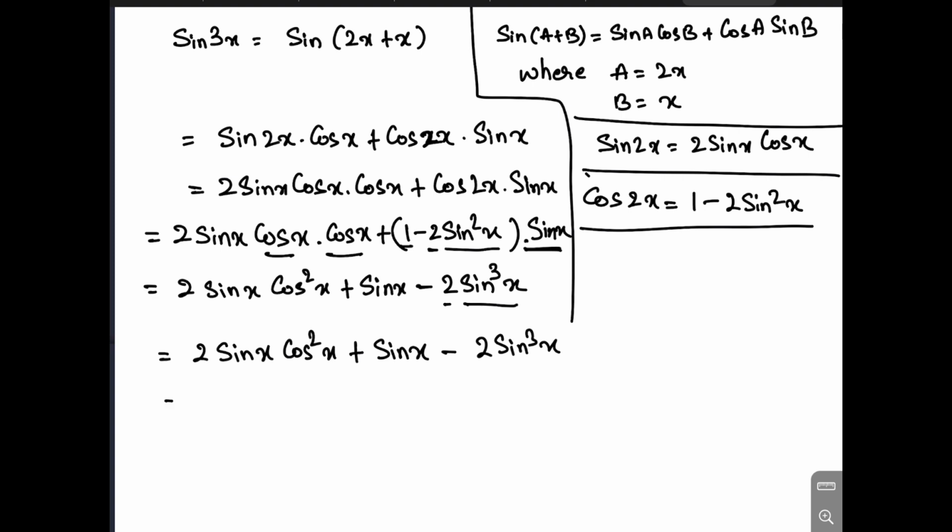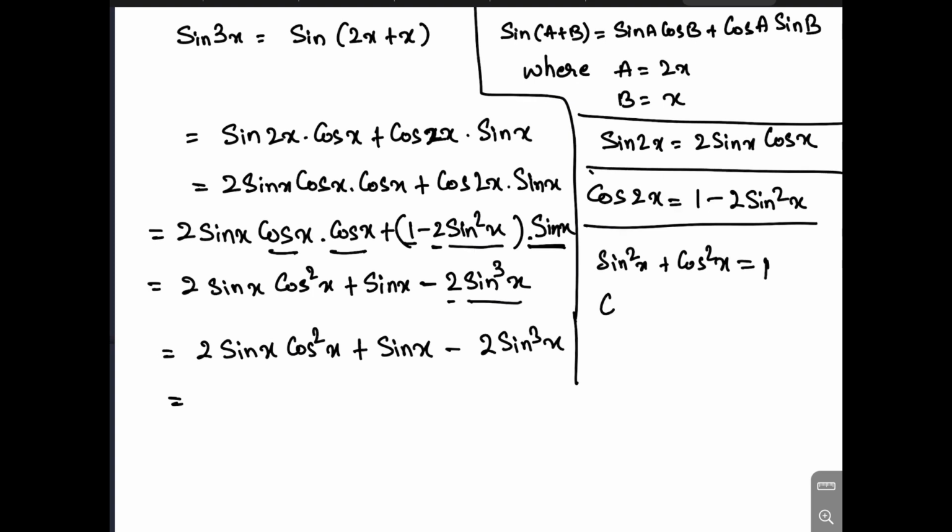Further, as we know, sin square x plus cos square x equals 1. So here cos square x equals 1 minus sin square x we can write.